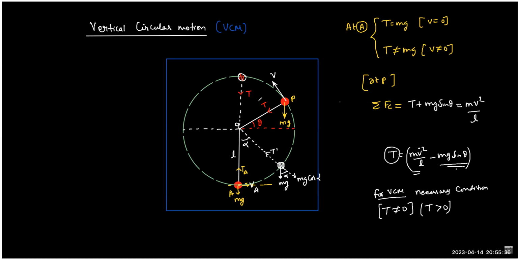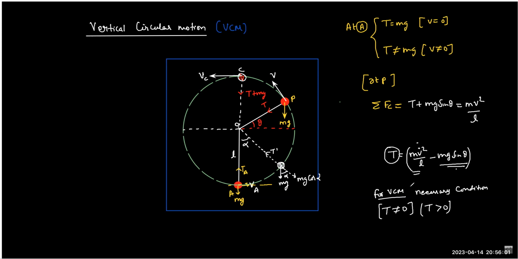So the T is acting here, and mg is also acting here, and we must have some velocity here. Why must we have some velocity here? If I make v zero at the topmost point, the T becomes negative.